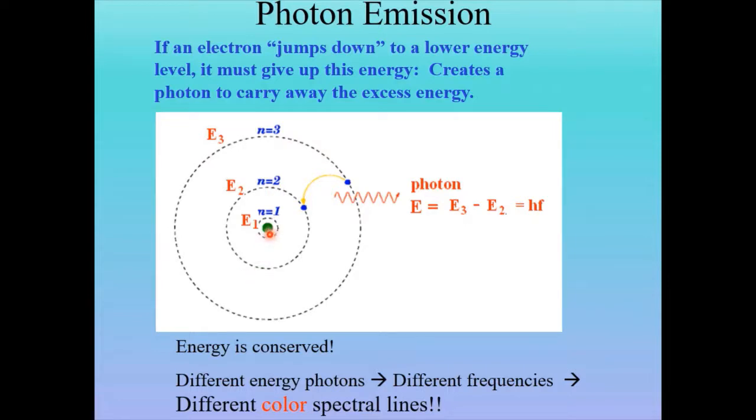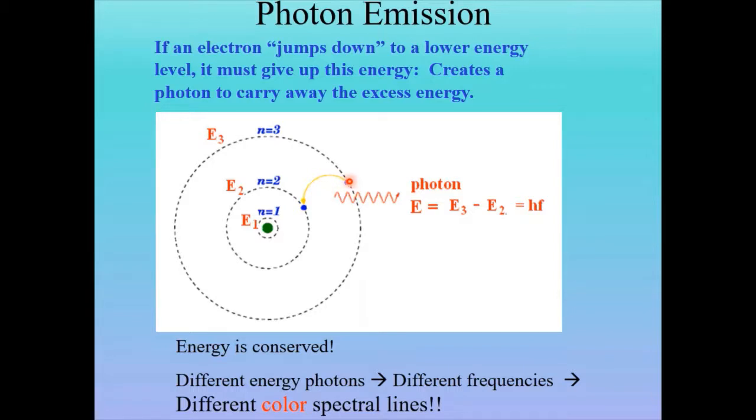The little green dot in the center represents the nucleus, the proton of the hydrogen atom. And then we see these energy levels. The first level, which I call E1 or n equal 1, is in here. The second level, E2, is right here, and we'll just draw 3 levels in this picture. Here's the third one. So let's say our electron starts here in the third level.